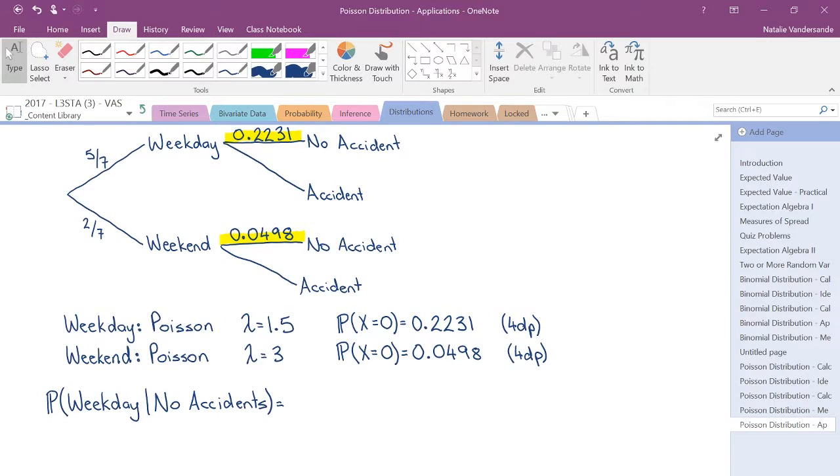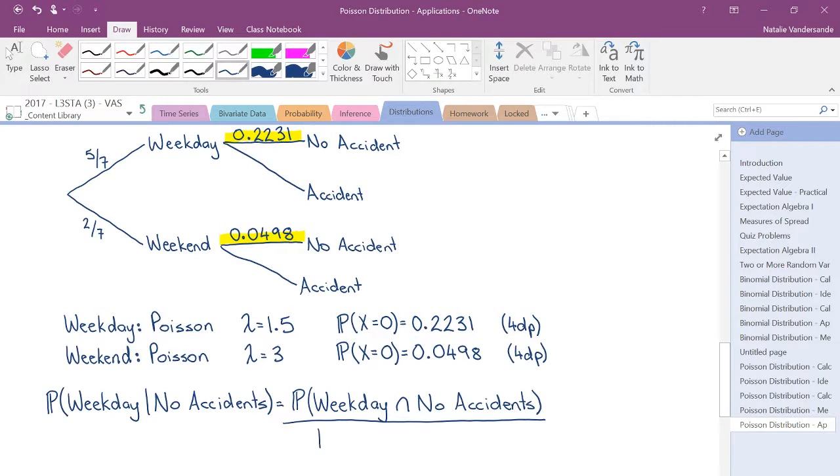Using our conditional probability formula, we can rewrite this as the probability that it was a weekday and there were no accidents over the probability that there was no accidents. Now I can find these needed probabilities from the tree diagram above.